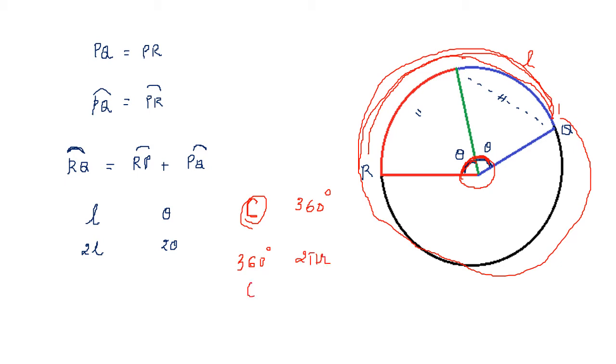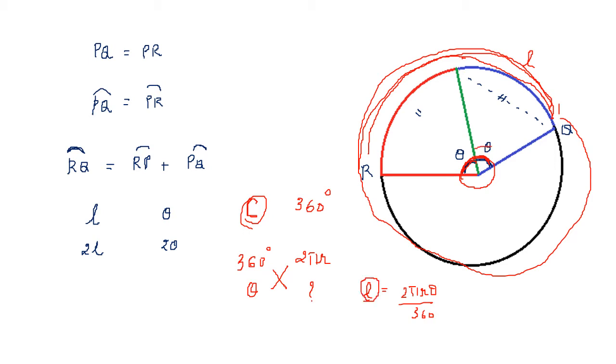If I take the angle theta degrees, what will the length of the arc be? I cross multiply and get L equal to 2 pi r theta upon 360. So now I have a formula to find the length of the arc.